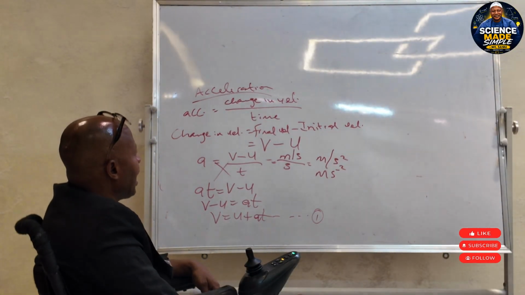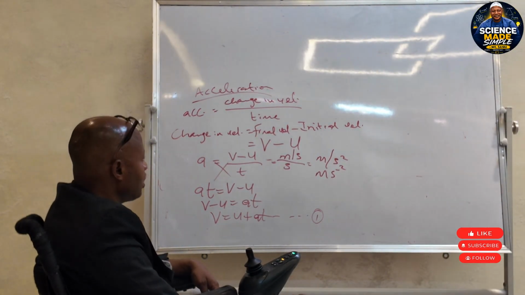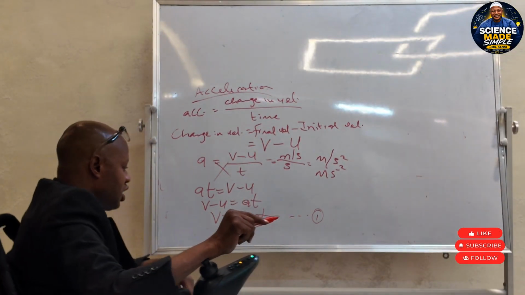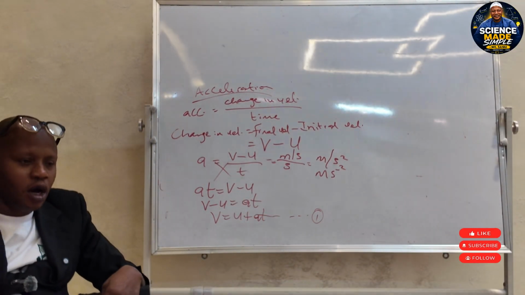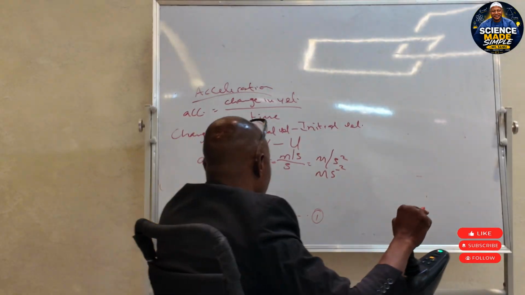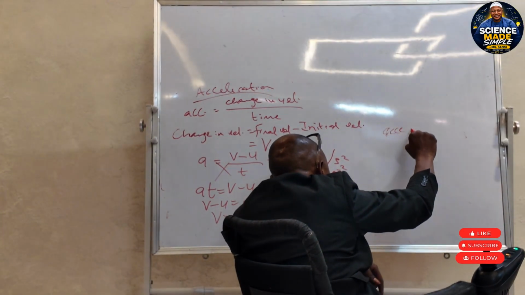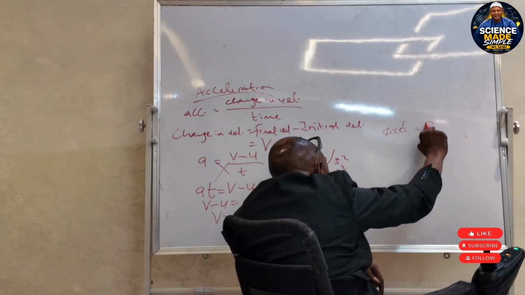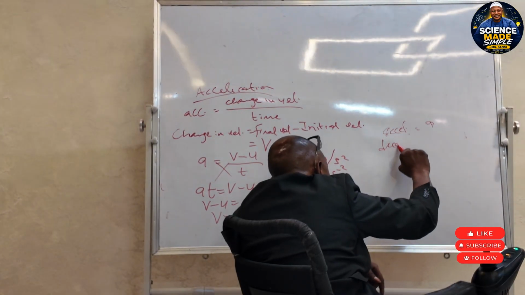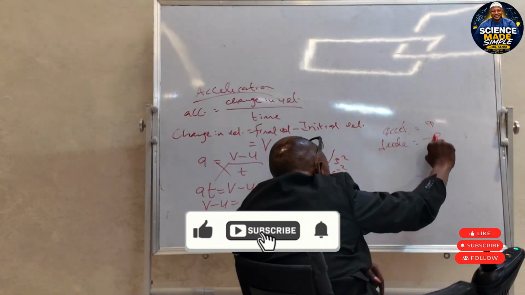The opposite of acceleration is what we call deceleration. If we have our acceleration to be a, deceleration is minus a.